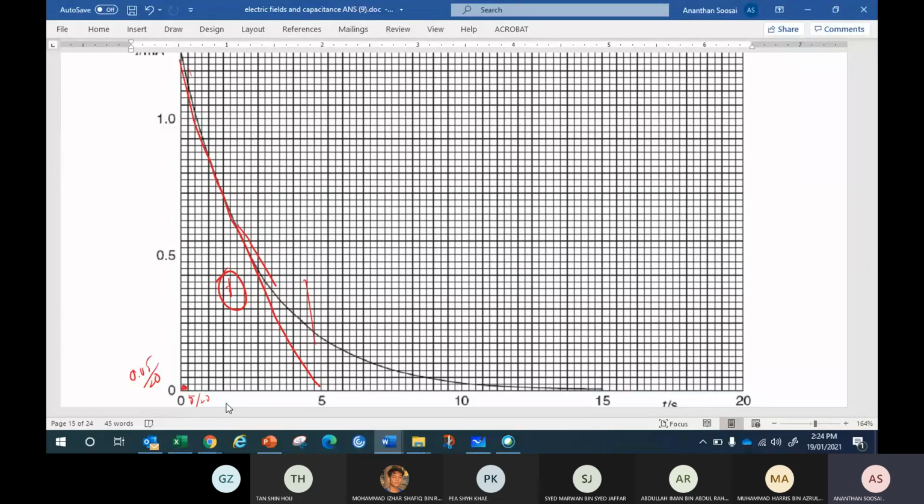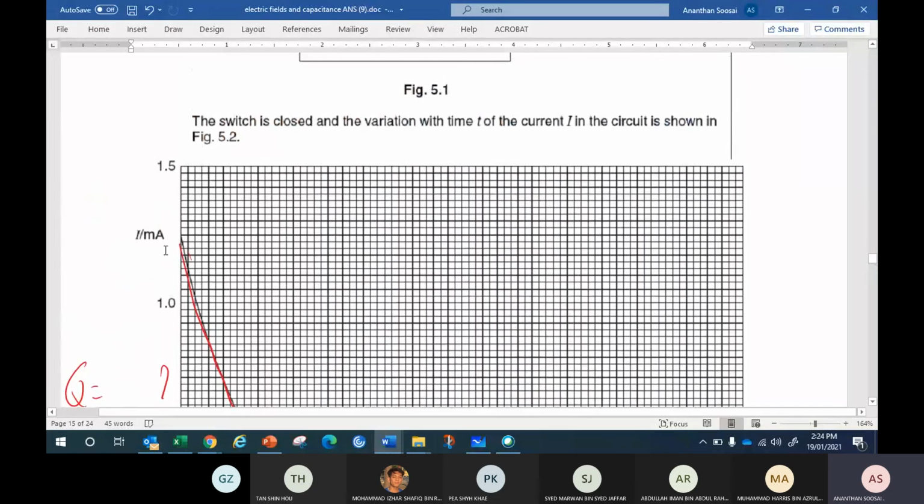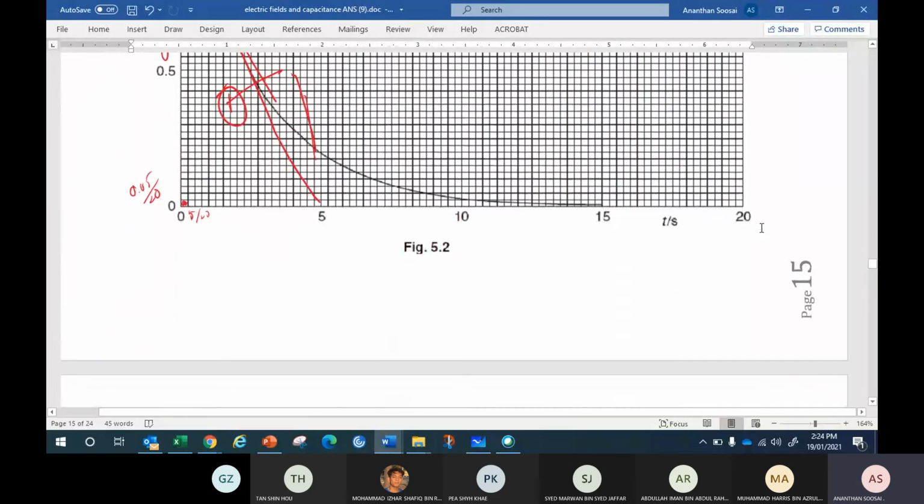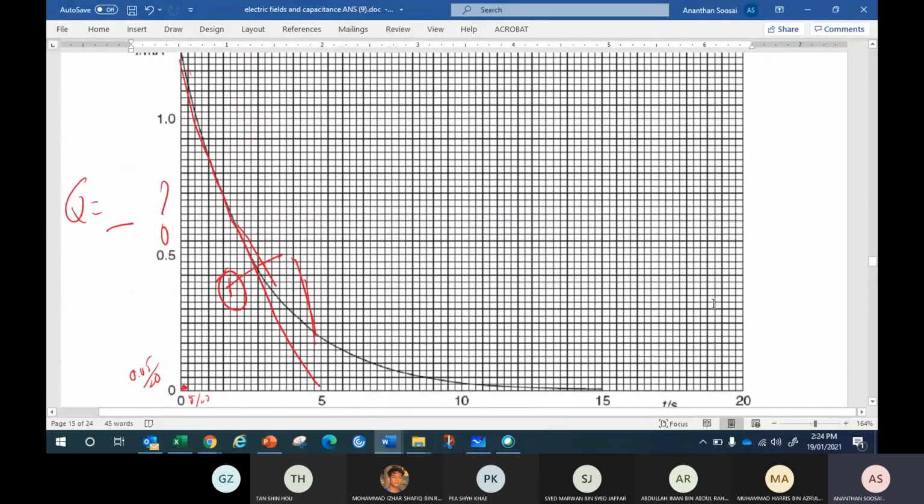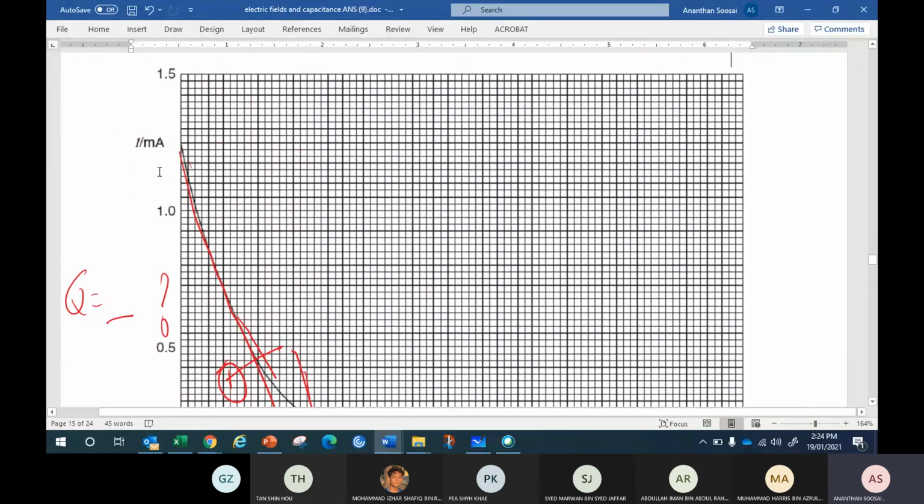But the charge you get will be in what unit? The current is in milliampere and time is in second. You have to be careful every time you have a graph, check the unit. They try to trick you by giving a non-SI unit.